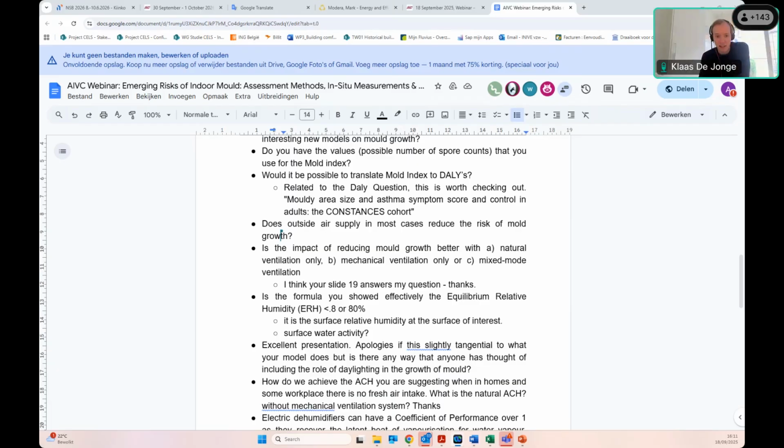I'm very familiar with DALYs, not with DALYs for mold specifically, but in terms of the modeling, a bioscience engineer should figure out if there is a correlation between mold spore source rate, let's say, of mold spores emitted to the air and the mold index.